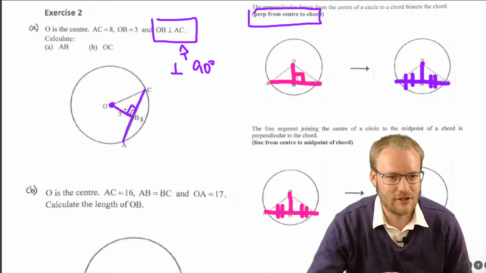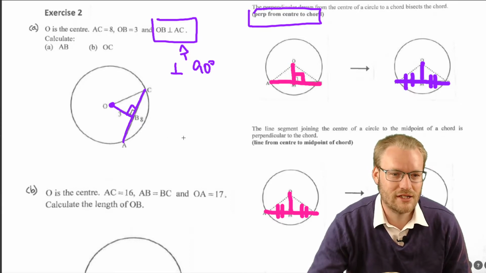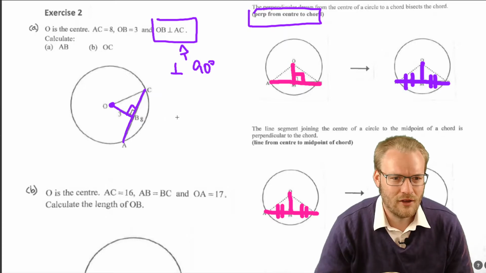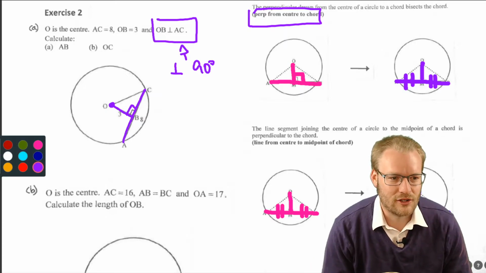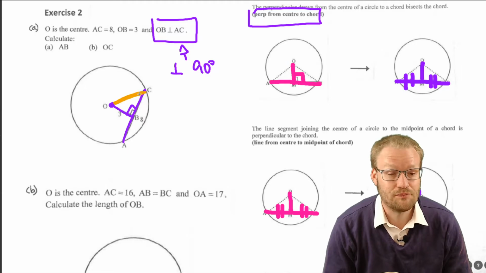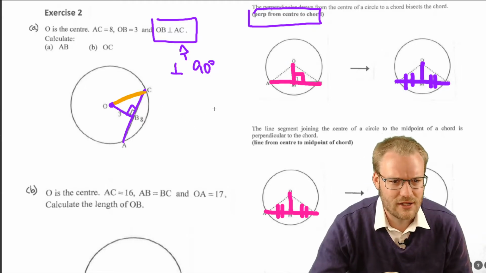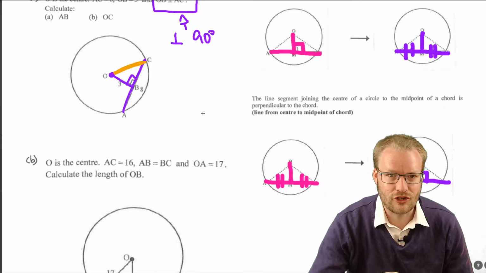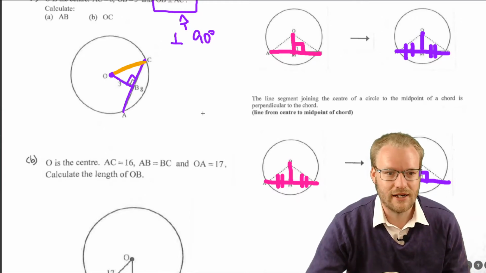Then you can find out what BC is, what AB is, what OC is. You can solve everything. What's special about this line OC with regard to the circle? OC is a radius, and in circle geometry we look for radii. Remember, one radius, many radii.